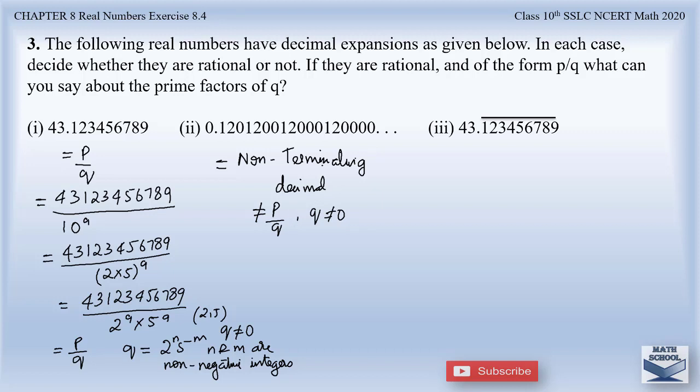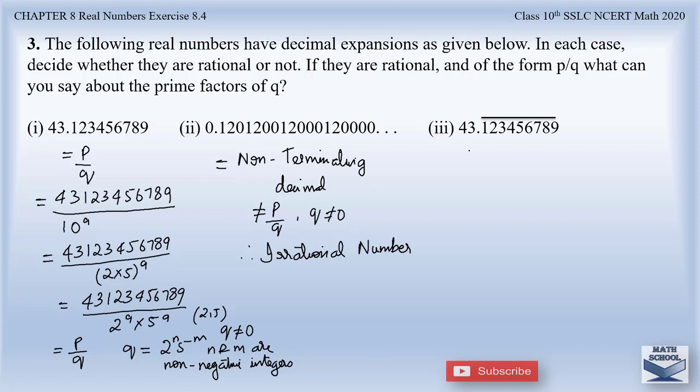Therefore, just by looking at the number we can observe that it is a non-terminating decimal expansion, and therefore the number is irrational because we cannot convert it into p by q form.